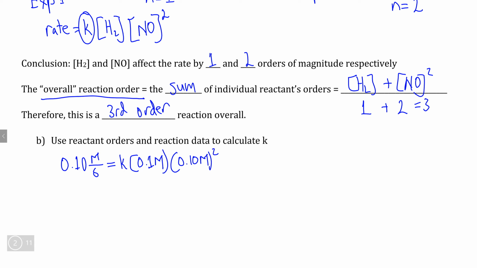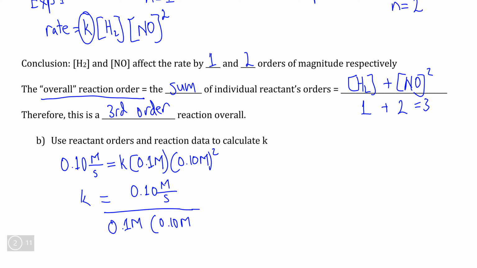So if we move everything over so that we can isolate k, what we're going to do is divide both sides by our concentrations, which would mean that k is equal to our rate, 0.10 moles per liter per second, divided by 0.10 moles per liter times 0.10 moles per liter squared.